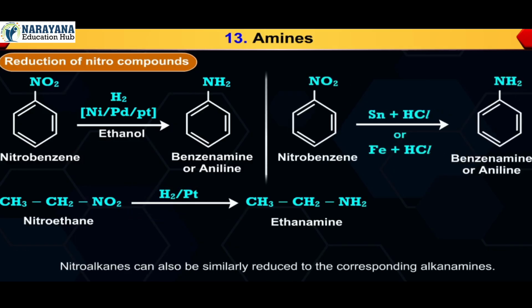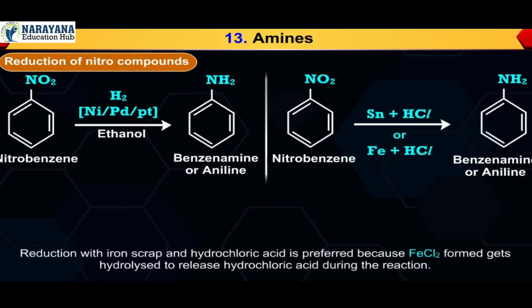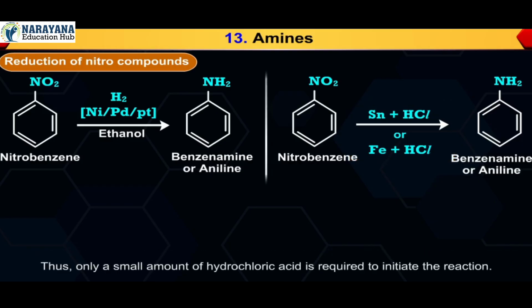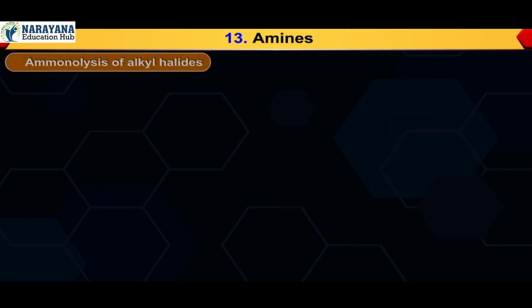Nitroalkanes can also be similarly reduced to the corresponding alkanamines. Reduction with iron scrap and hydrochloric acid is preferred because FeCl2 formed gets hydrolyzed to release hydrochloric acid during the reaction. Thus, only a small amount of hydrochloric acid is required to initiate the reaction.